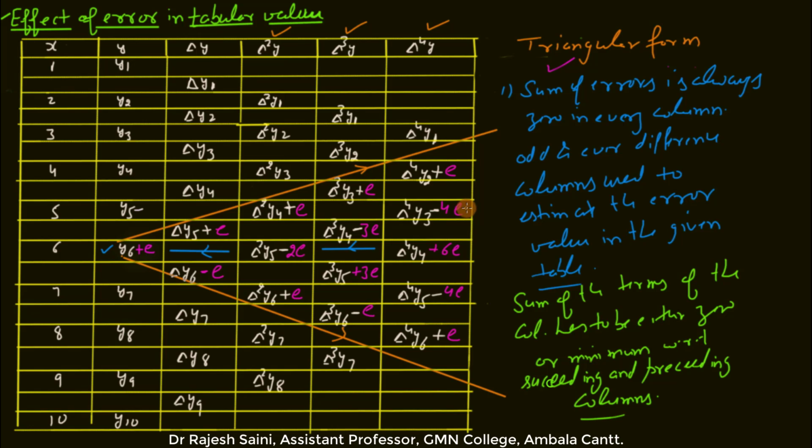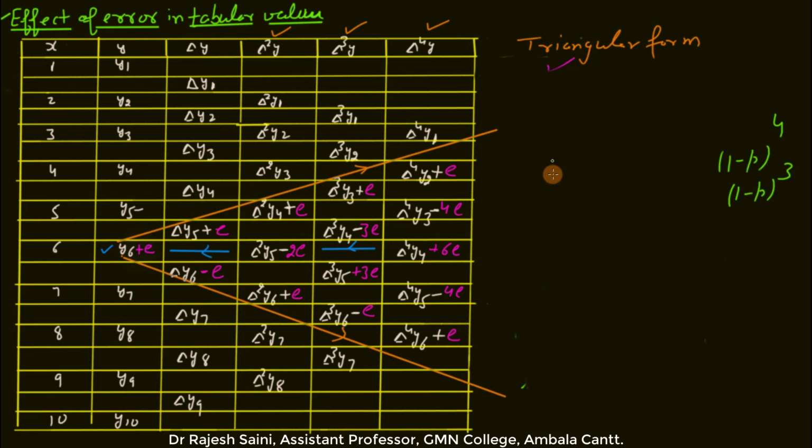So that is another observation, and we see that these errors are nothing but the coefficients of the binomial theorem. If we apply the binomial theorem for 1 minus p raised to the power 4, and in this case for 1 minus p raised to the power 3, if we do the expansion, it will be coefficients. I am only writing the coefficients.